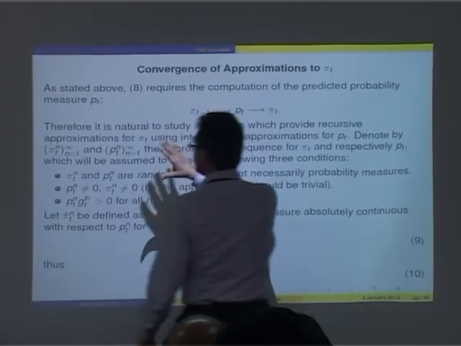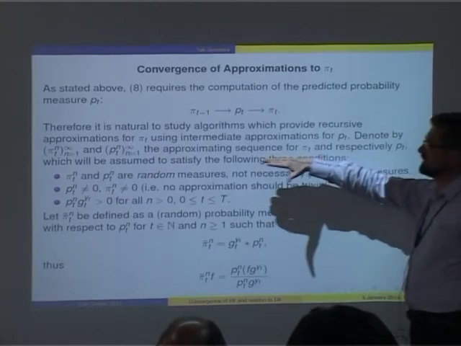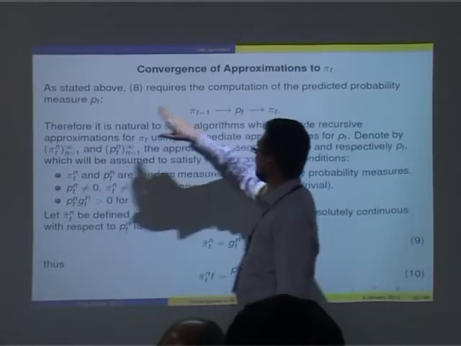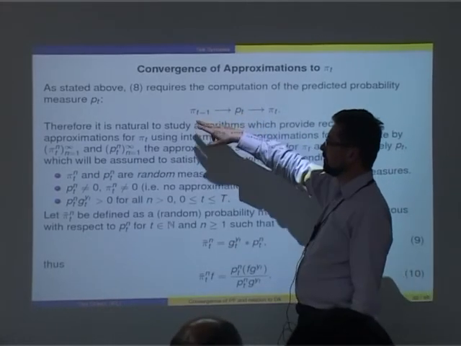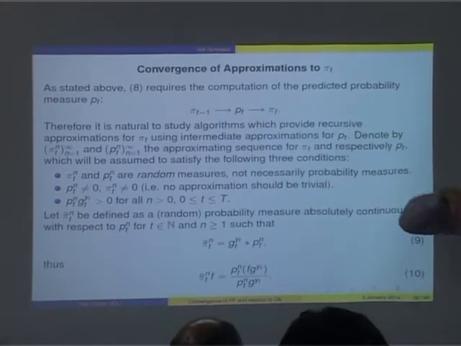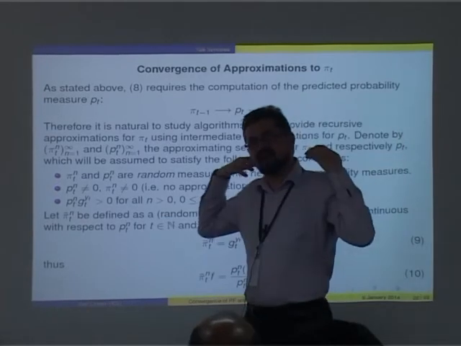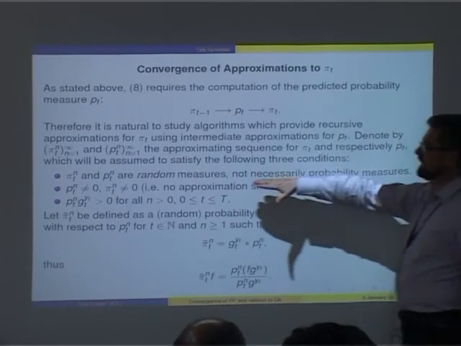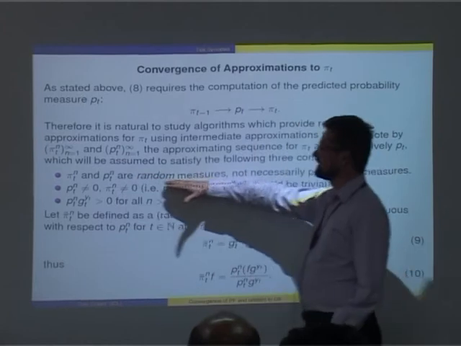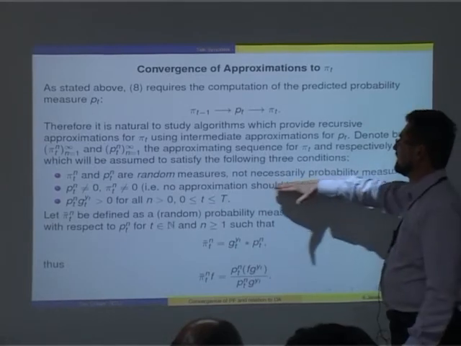So in what follows, I'm going to assume that I have a sequence of approximations for pi t, a sequence of approximations for pt, for any t. I'm not telling you that this is a particular approximation. I'm just saying that I have a sequence of approximations for them, and I'm going to assume that these are random measures. I want to cover particular approximations, but they don't have to be random. If you get something which is deterministic, that's fine.